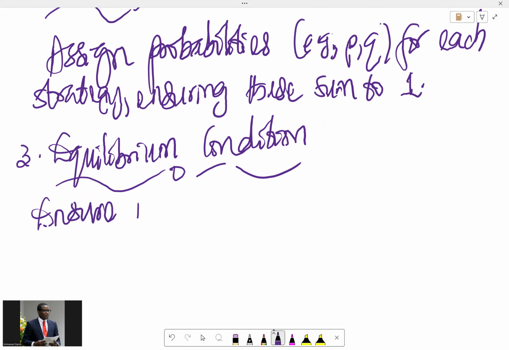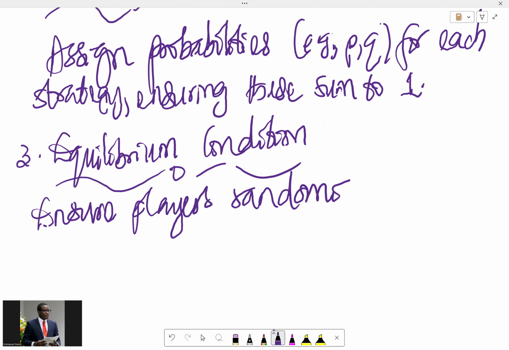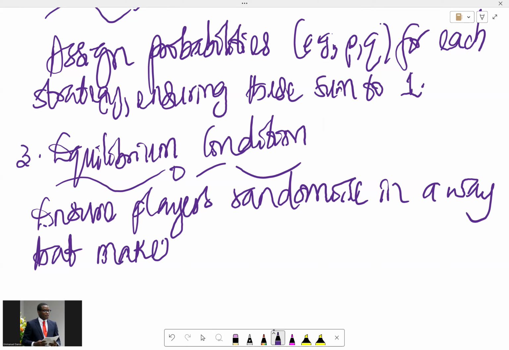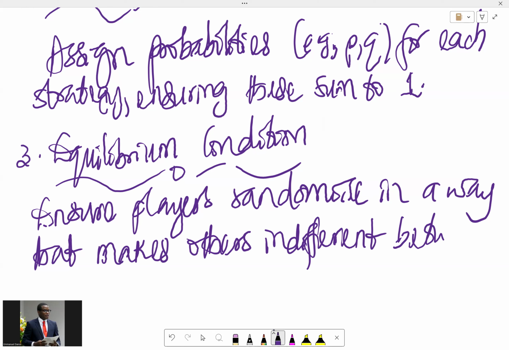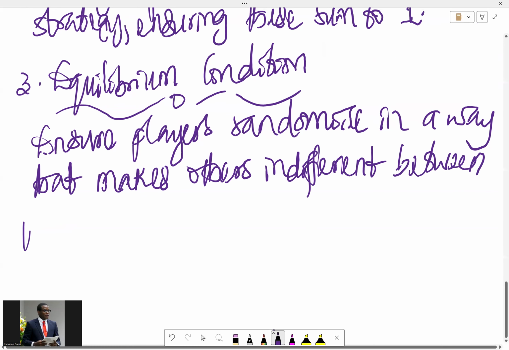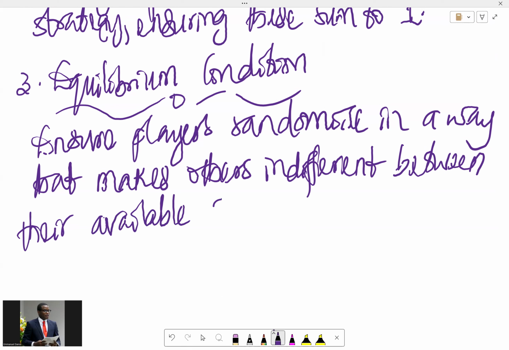In this case, you ensure players randomize in a way that makes others indifferent between their available strategies. The basic idea here is that you do something such that whatever your opponents do, it doesn't really matter.